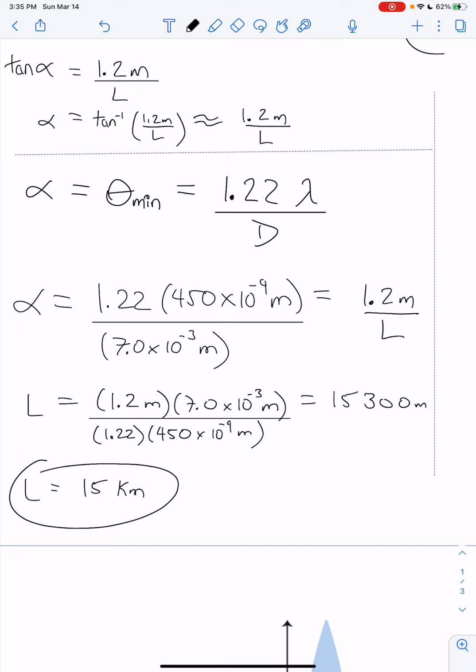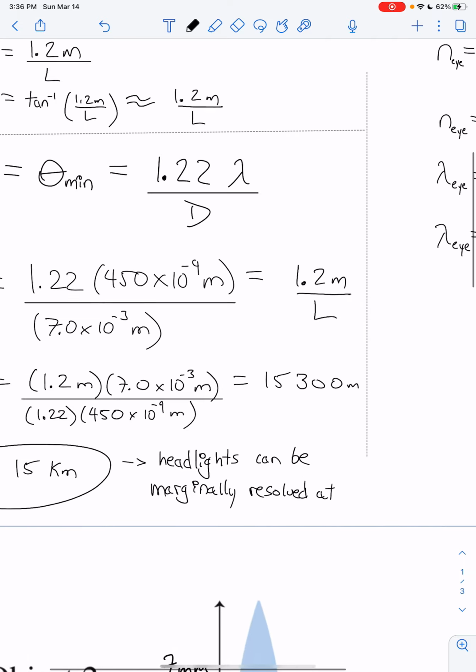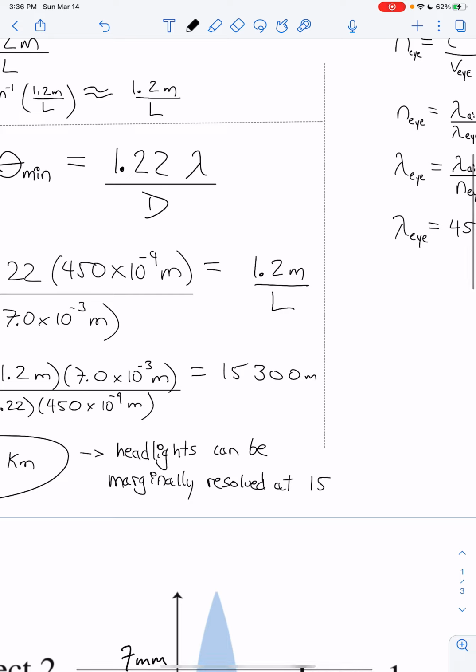So at a distance of 15 kilometers, headlights can be marginally resolved. It's actually pretty far.